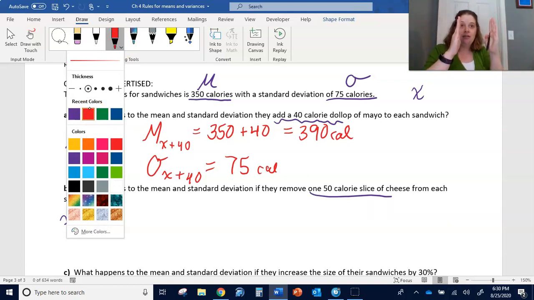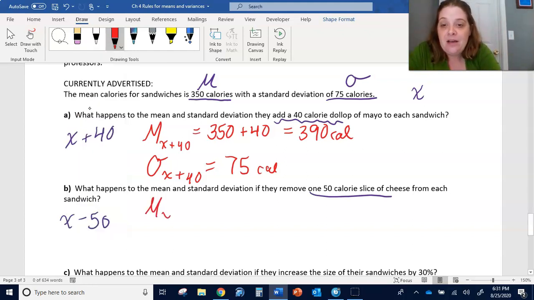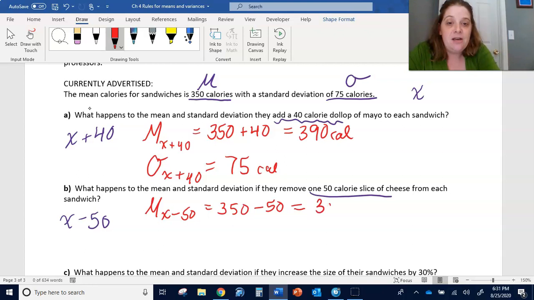I take all my numbers, I take 50 off, it's going to scooch it over. The spread is not going to change in this case. So my mean of X minus 50 should be my original mean, 350, minus those extra 50 calories, giving me 300 calories as our new mean.